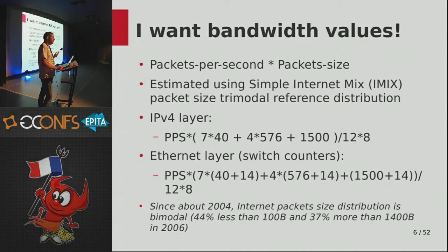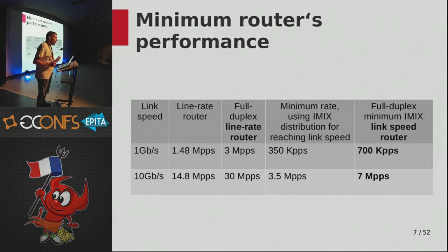Now, about who needs line rate, gigabit or 10 gigabit router. With these two concepts, packets per second and this distribution, we can estimate the minimum rate, using the simple IMIX distribution, for filling your gigabit link or your 10 gigabit link at full duplex.